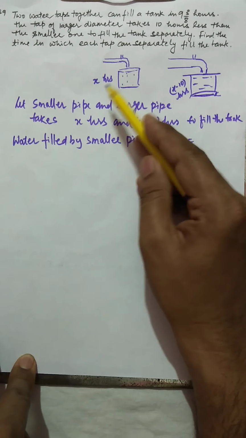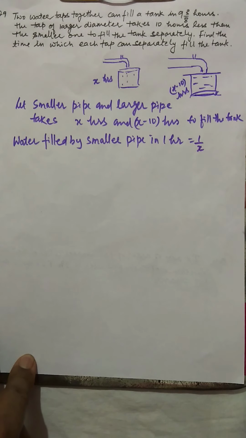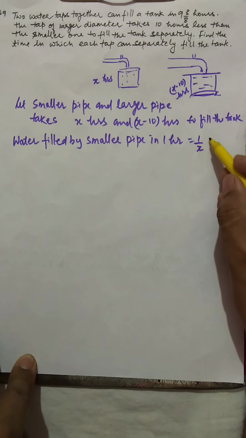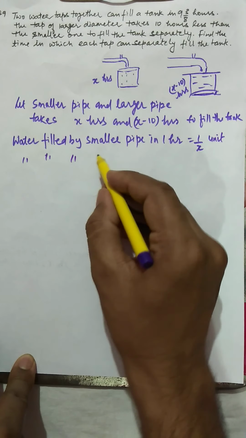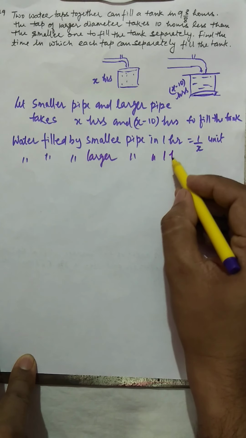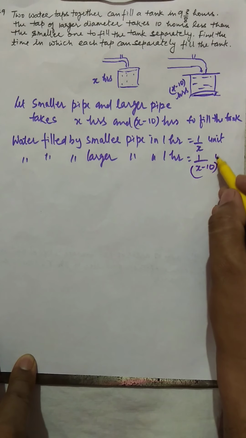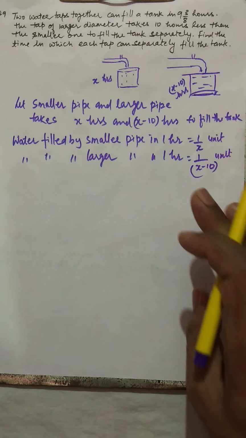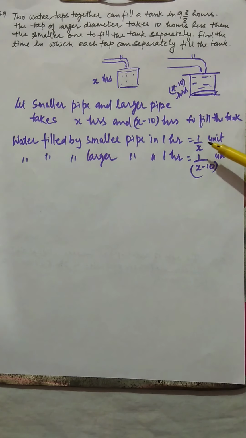So in 1 hour, the water that you can find in the tank is 1 by x unit, or you can say liter also. And water filled by the larger pipe in 1 hour will be 1 upon x minus 10, and this is the unit. This is the work done by the smaller and larger pipe in 1 hour. This is a very important thing.